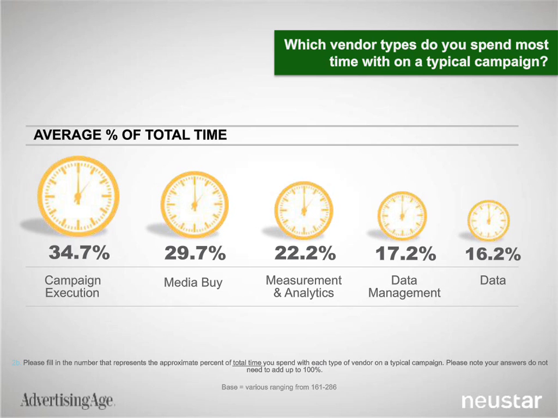And what I would say this suggests is that there's an opportunity to streamline across vendors, not only the types of vendors that are being used for a particular campaign, but also the number of vendors that are being used. So if you're trying to drive down the total time it takes, there's an opportunity to create efficiencies as you start looking at the types of vendors that you work with and the amount of time you're spending with them.